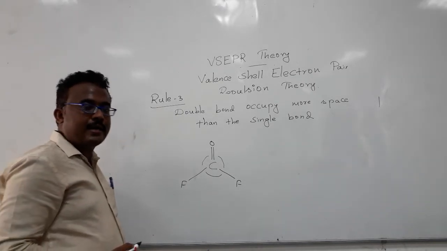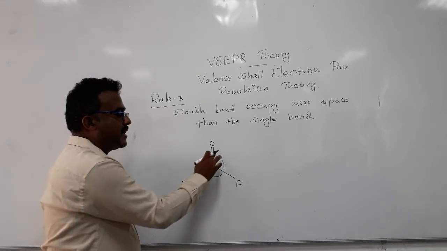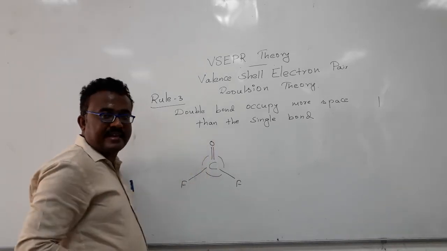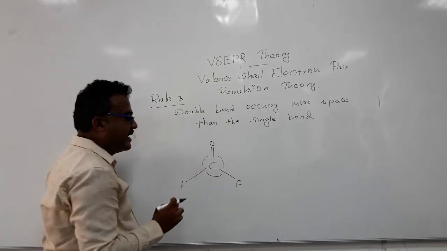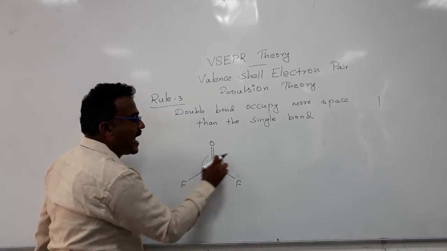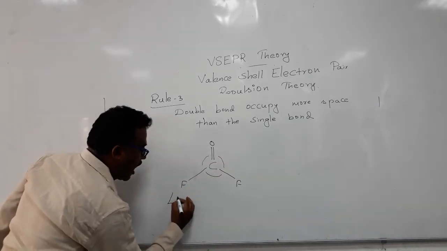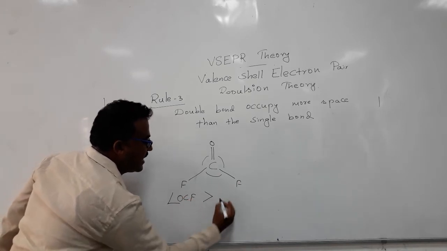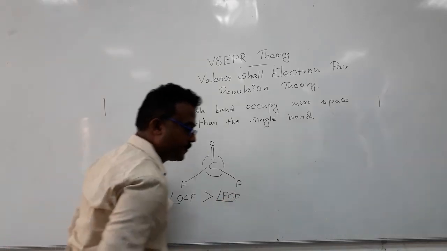But actually, all the three bond angles are not equivalent because of the presence of the double bond between the carbon and the oxygen atoms. So whatever rule 3 is saying, it is very clear that the bond angle of OCF is higher than the bond angle of FCF.